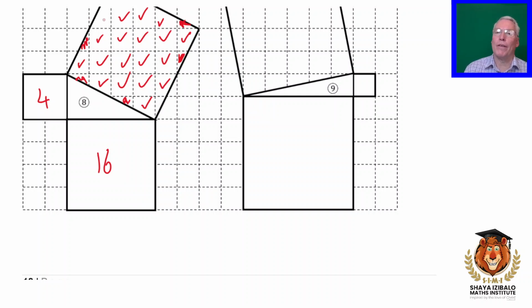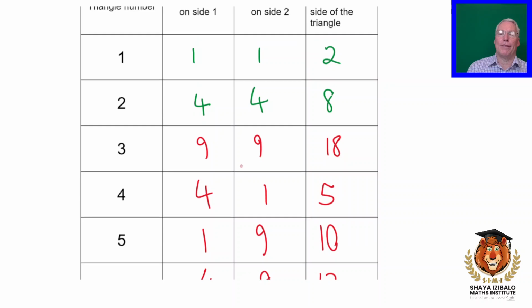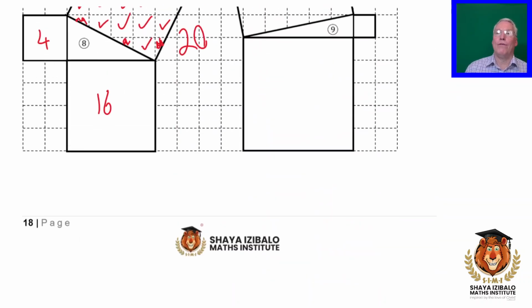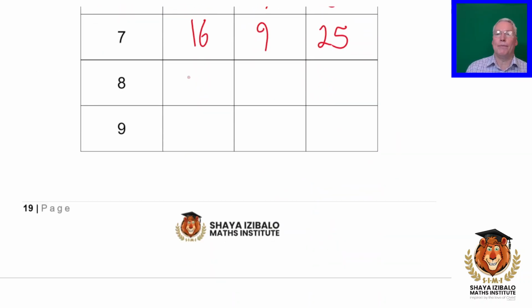And then we've just got this one, which I think can go with that piece. Let's just count them. 1, 2, 3, 4, 5, 6, 7, 8, 9, 10, 11, 12, 13, 14, 15, 16, 17, 18, 19, 20. We seem to have found 20. So we had 4, 16, and 20.